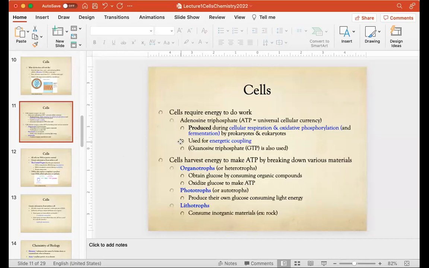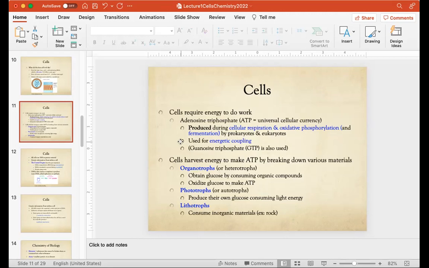Now, I said that whenever a cell breaks a bond, whenever enzymes within a cell break down a molecule during a chemical reaction, they're actually breaking the covalent bonds that hold that molecule together. And there are certain types of organisms that harvest that energy being released from that broken bond using different materials.